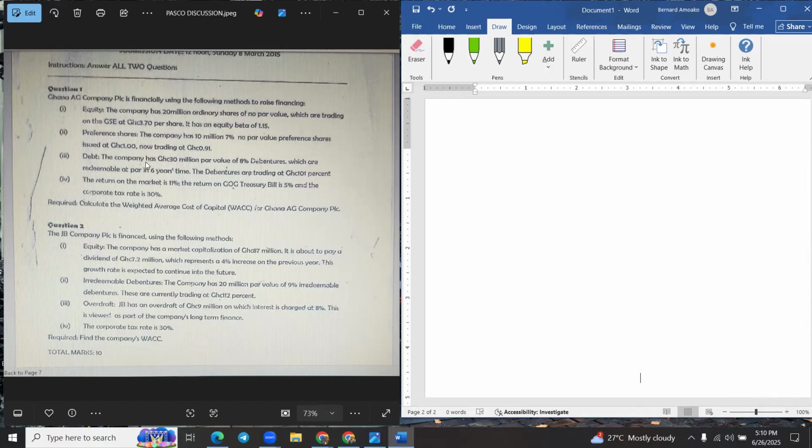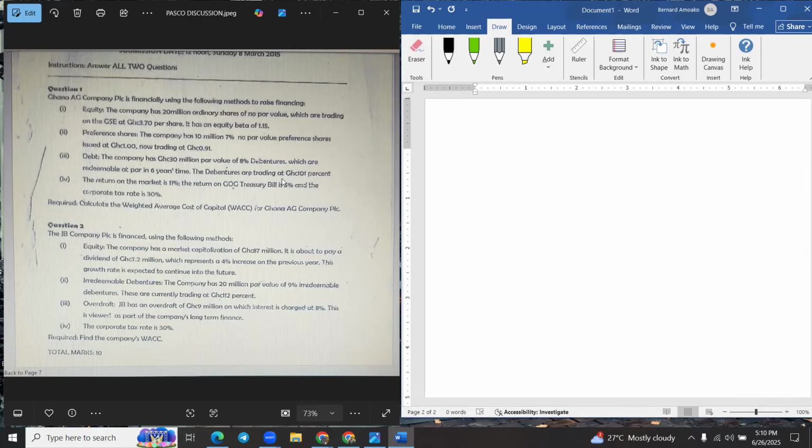Preference shares. The company has 10 million 7% no par value preference shares issued at 1 cedi, now trading at 0.09. This is the market value. The debt: the company has 30 million par value of 8% debentures, which are redeemable at par in 6 years' time. The debentures are trading at 101 Ghana cedis. The return on the market is 11%.